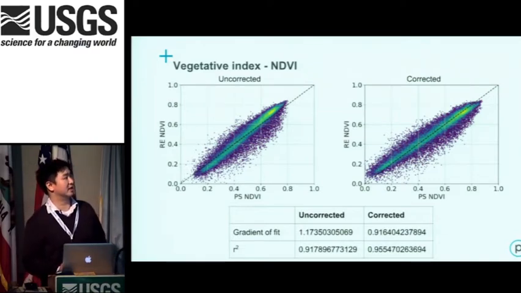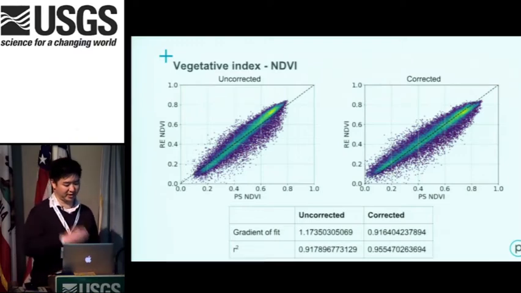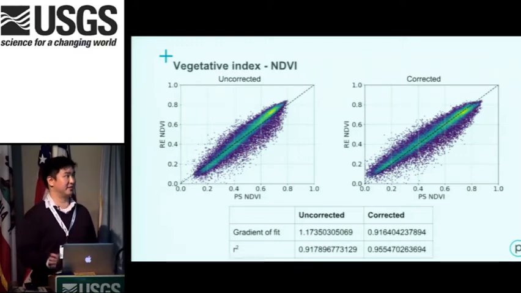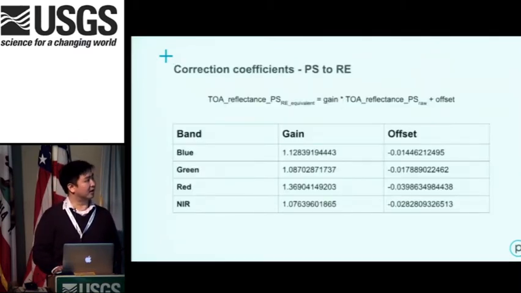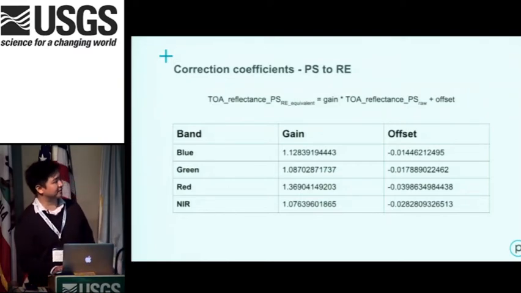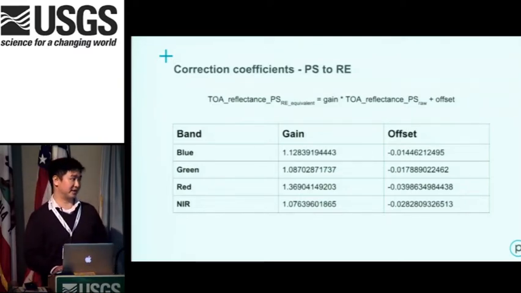It improves it slightly. Before, the vegetative index might be slightly off the one-to-one line, and since within the bands we're forcing them to the one-to-one line, the vegetative index reflects that. And these are just an example of some of the gains and offsets that were calculated from before.